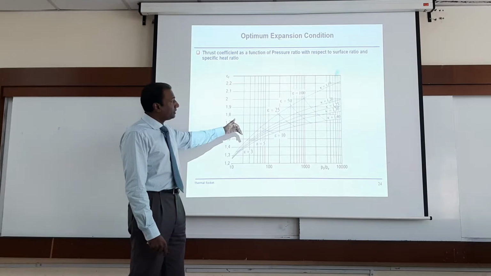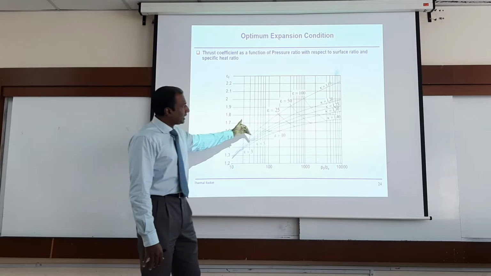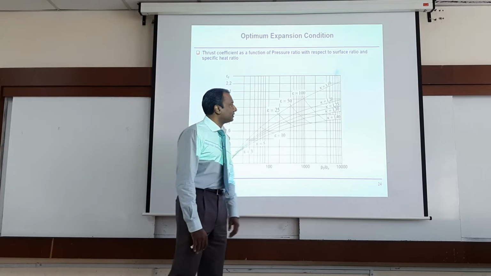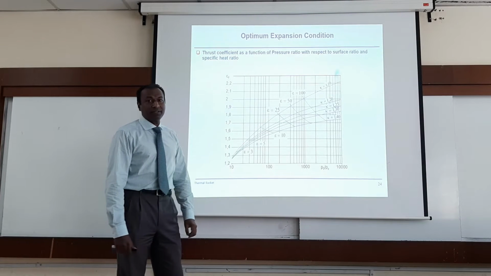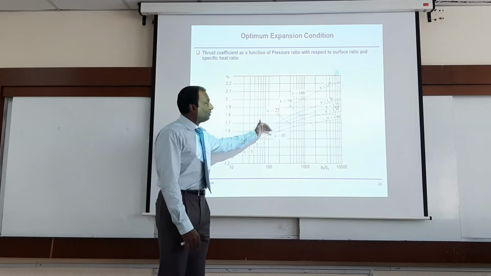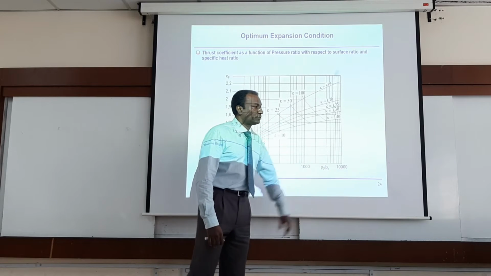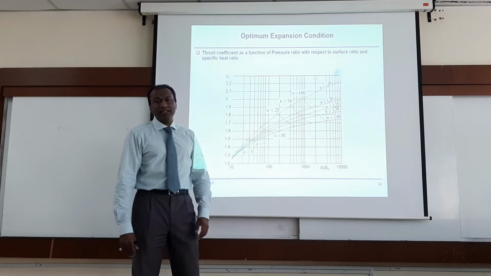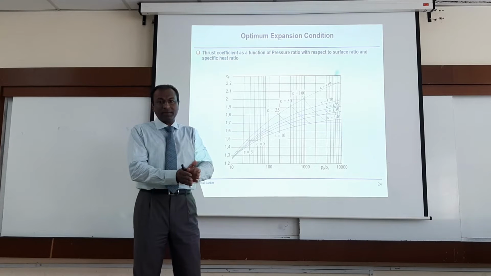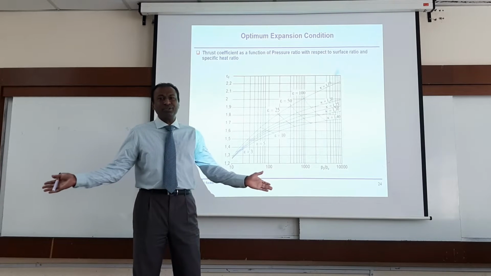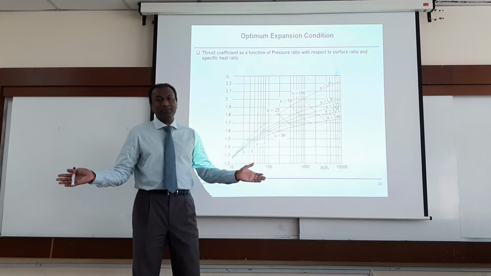When you look at it, the higher surface ratio seems to be quite positive. But don't forget, when you go to a higher surface ratio, finally your expansion becomes almost no expansion. That's what it means.